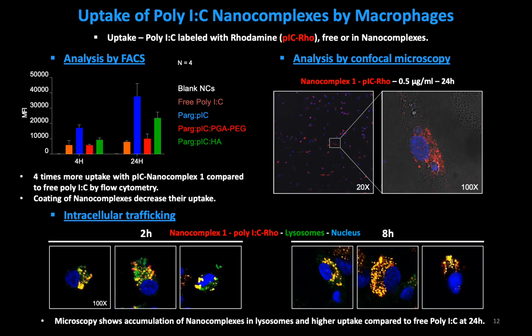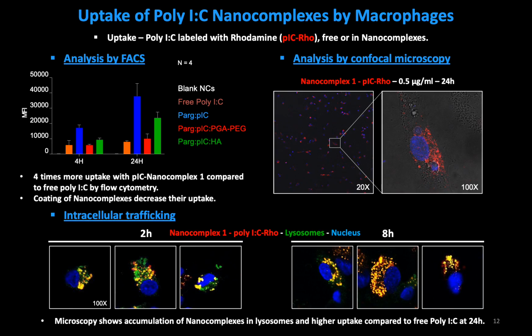In addition, we have evaluated the uptake of the poly-IC nanocomplexes by macrophages. For this, we have used poly-IC labeled with rhodamine, which is a fluorescent molecule, so we can quantify the amount of fluorescent signal inside the macrophages.